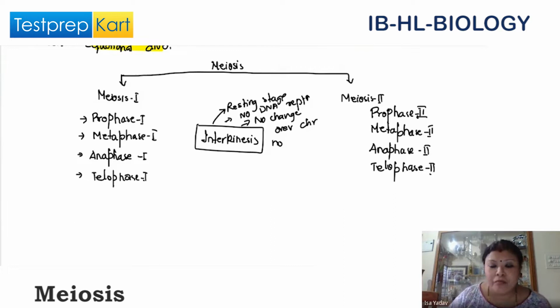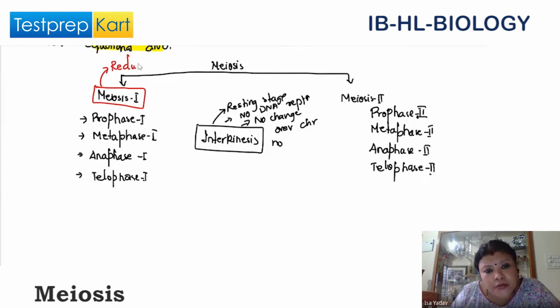Now, see here. Meiosis 1 is the one where the actual reduction of chromosome number takes place. Meiosis 1 is the actual reductional division.